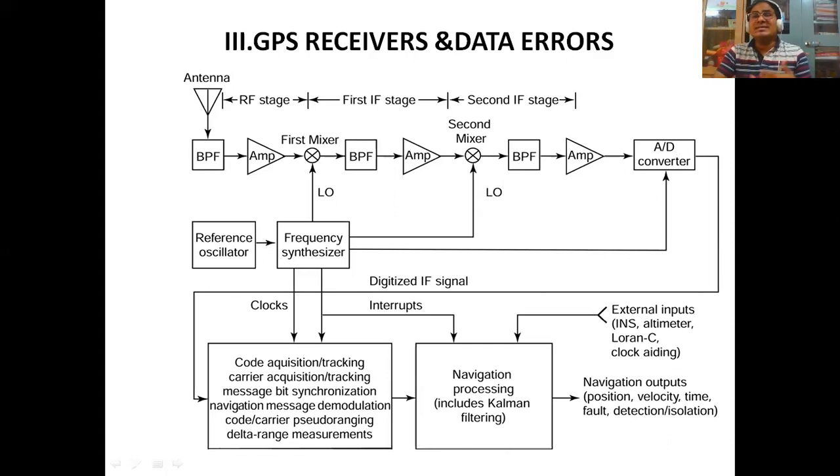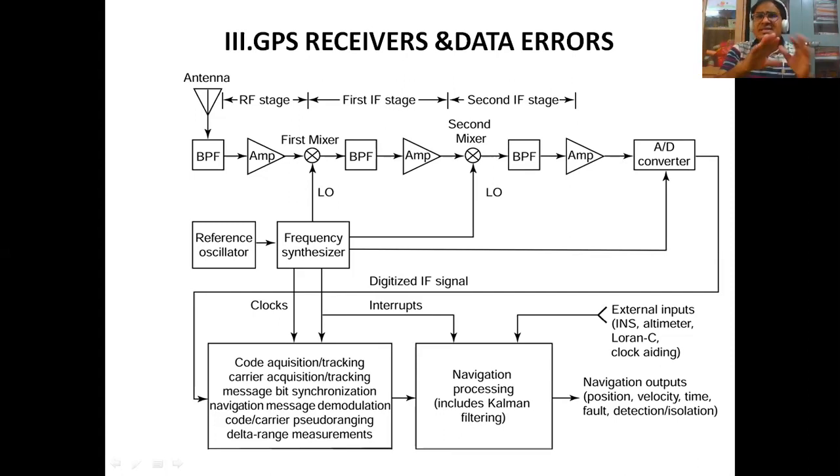And how should the receiver be designed? What should be the architecture of that receiver? This is the general block diagram or architecture of the GPS receiver. See, even though a receiver is said to be a passive system, there are so many active elements in it, which are confined to the receiver. Of course, everything is now in the form of integrated circuits.